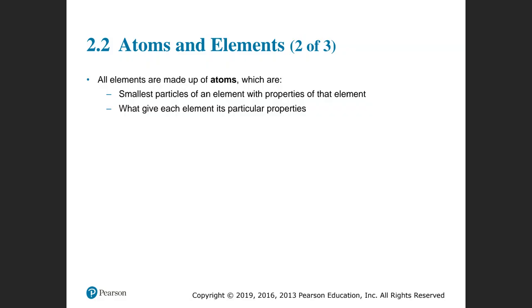These elements are arranged into the periodic table, and the periodic table has periodicity, where we see different properties in different rows and columns of the periodic table. Elements are made of atoms, and atoms are just the smallest form of the element that has the same chemical and physical properties of that element.